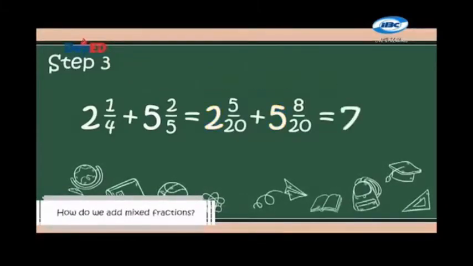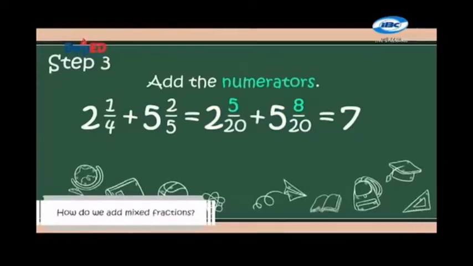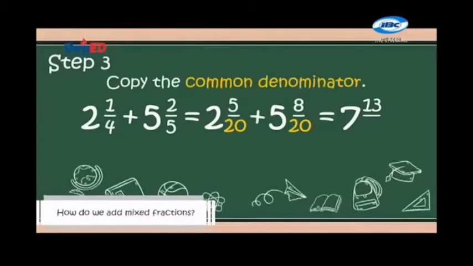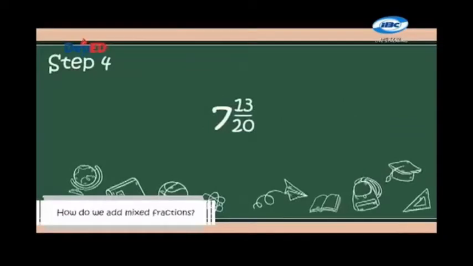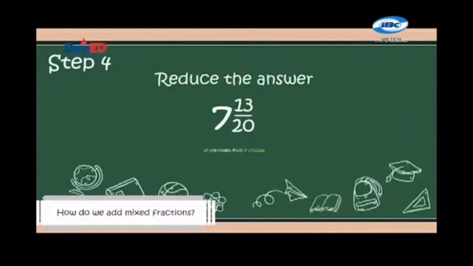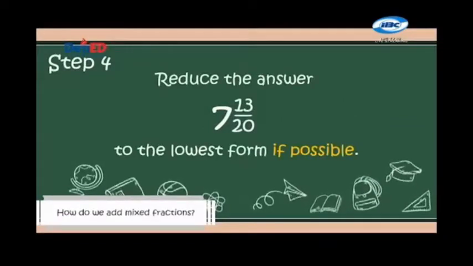Then, add the numerators. 5 plus 8 equals 13. And copy the common denominator, 20. We have 7 and 13/20ths. Step 4. Reduce the answer to lowest term if possible.